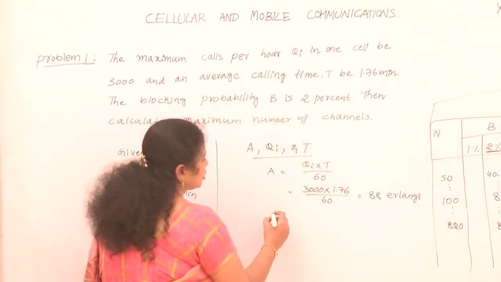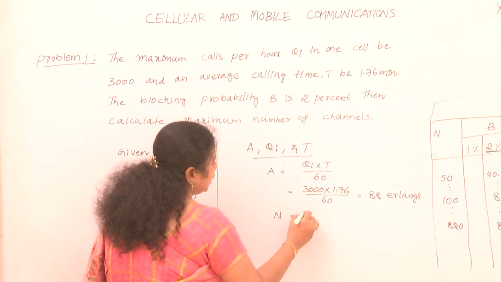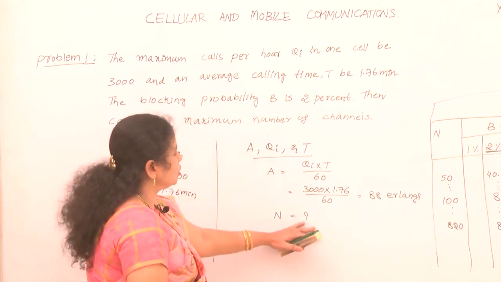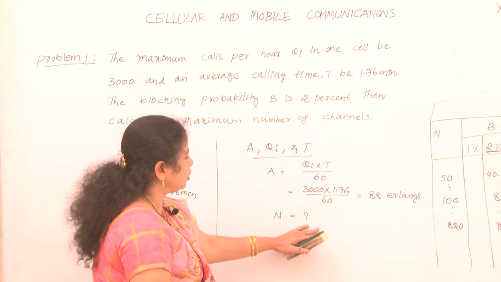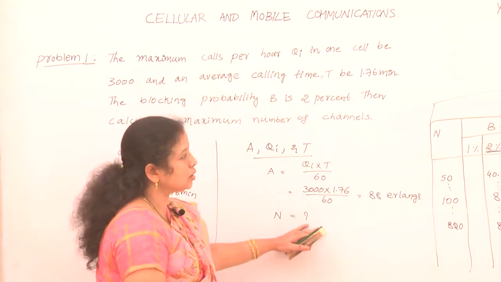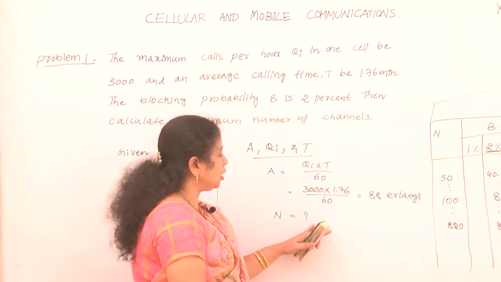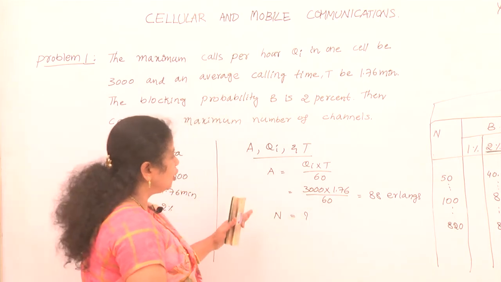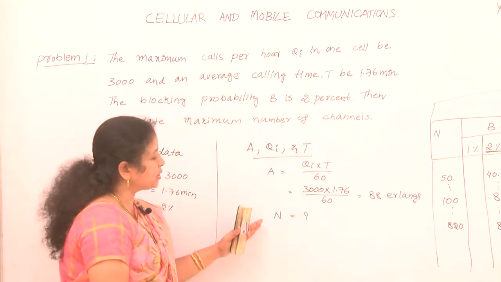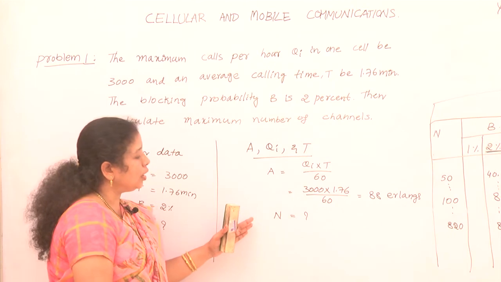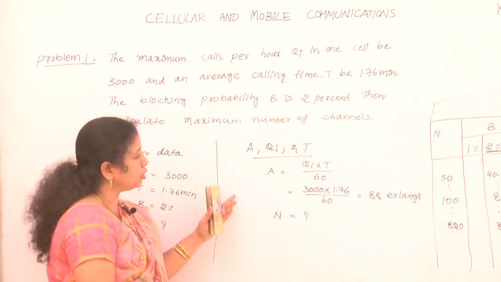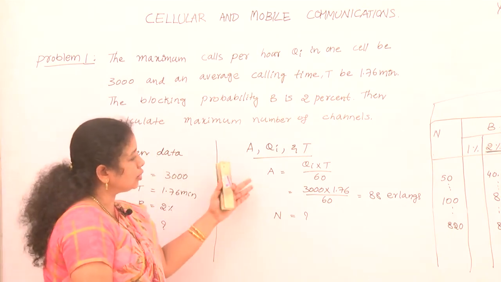After calculation of this offered load, we are going to calculate the number of channels required to handle this particular load. For that we will be using tables representing the values required to handle particular loads.